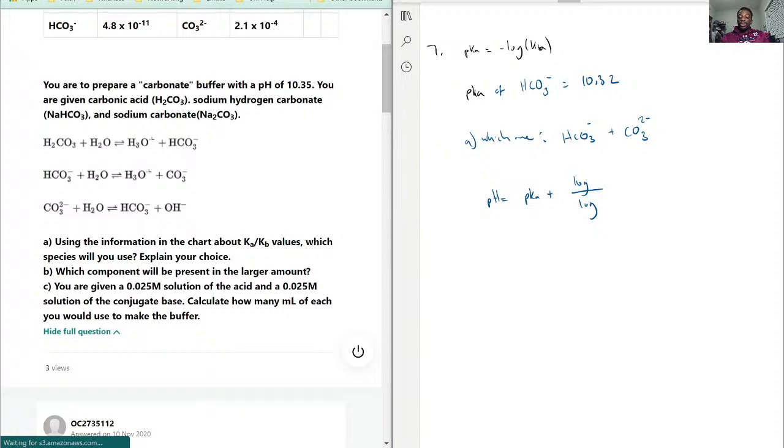So now what we can do is find out which component will have a larger amount.